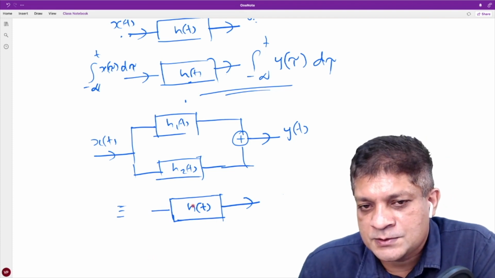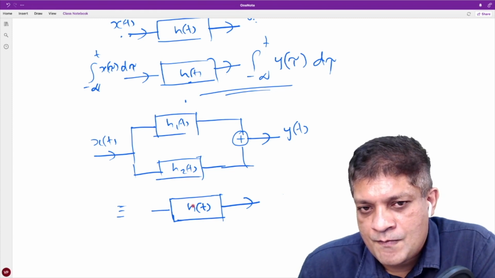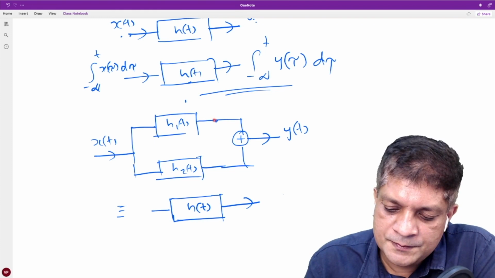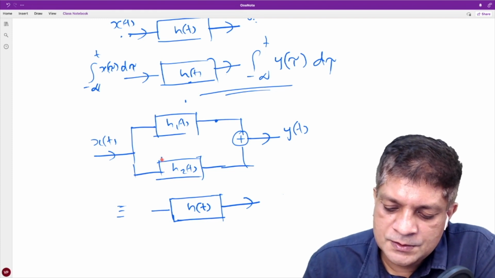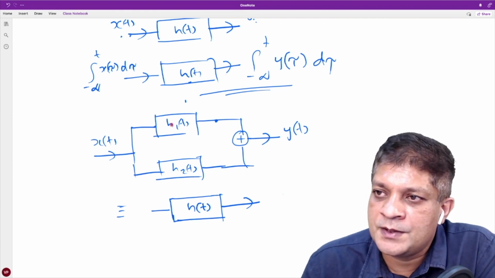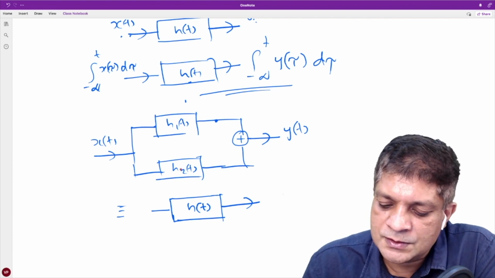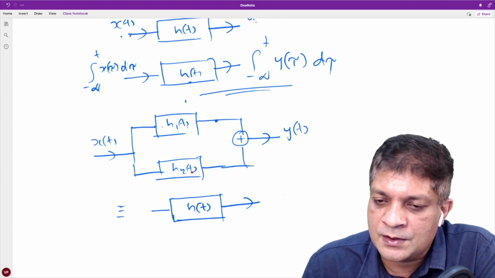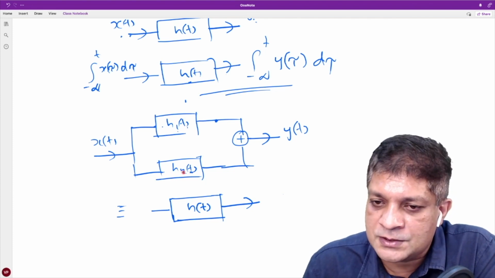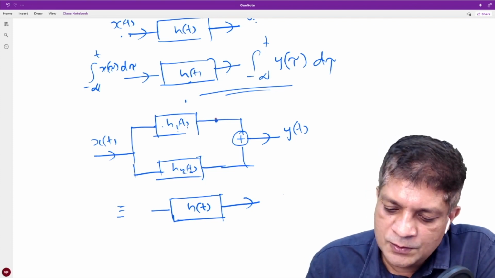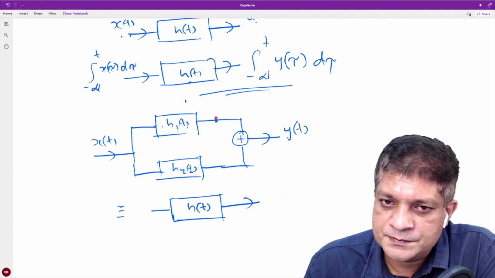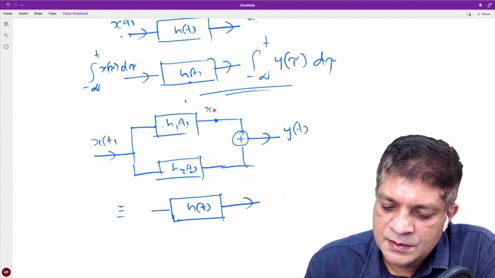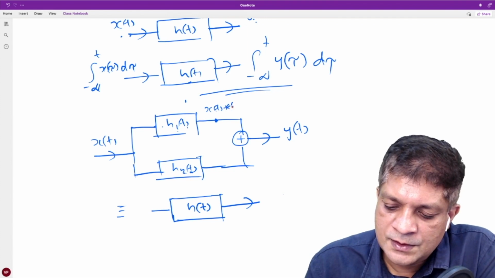What is the impulse response h(t)? We are applying the same input to both the systems. This one has impulse response h1(t) and this one has impulse response h2(t). What is the output of the first system? It is x(t) convolution h1(t).